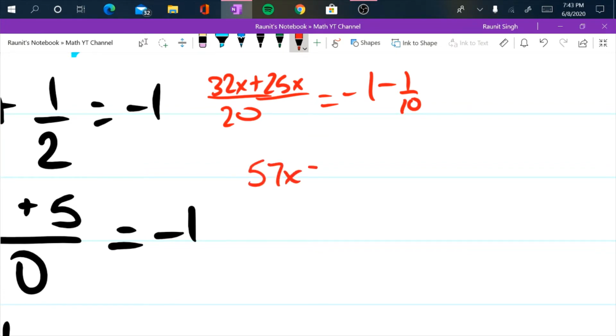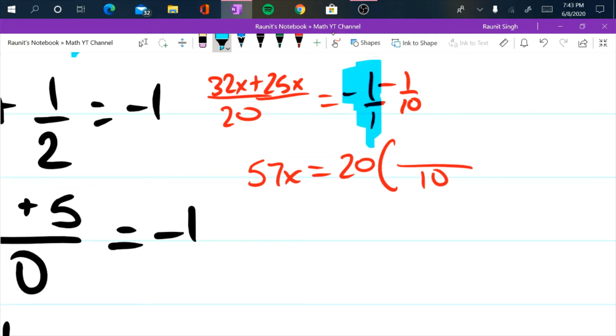57x is equal to 20, and then you do times. Since we know that if the denominator of one of the fractions is 1, so basically this is over 1, it's 1 over 1, we can just multiply this side by 10, and then we're going to get the common denominator that we need.